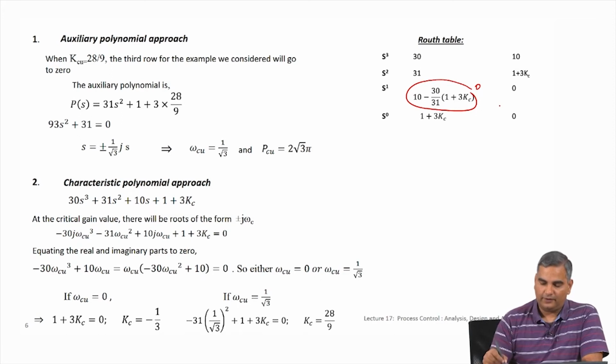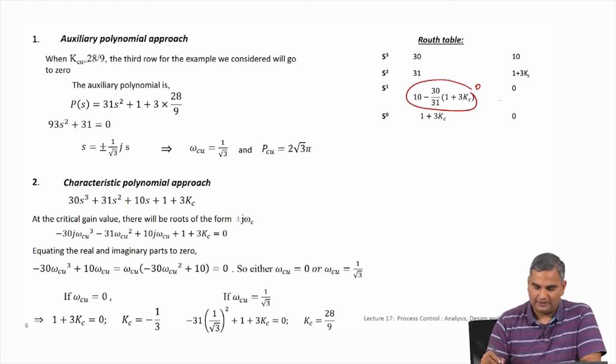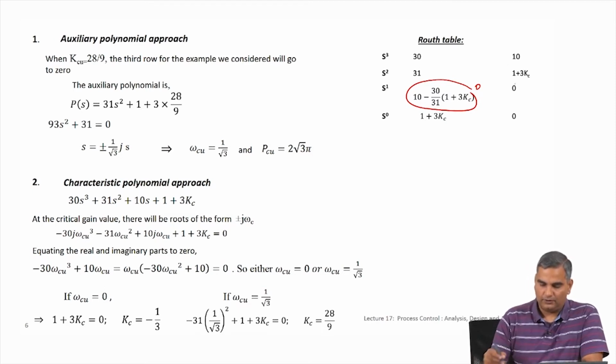And one of the ways of computing the roots on the imaginary axis is to look at the auxiliary polynomial, which is one row above, which is what we talked about. So, if this becomes 0, this is a 0 row. So, if you look at one row above, then you have this.